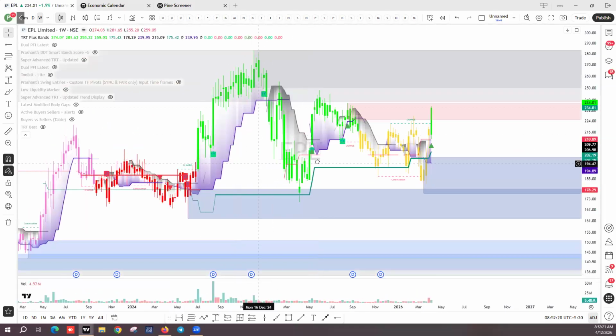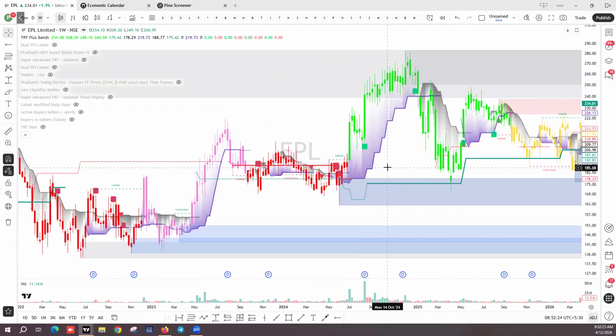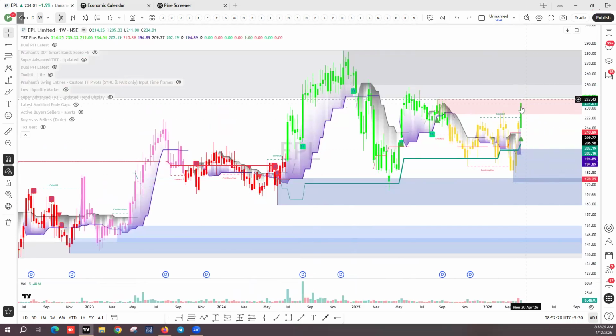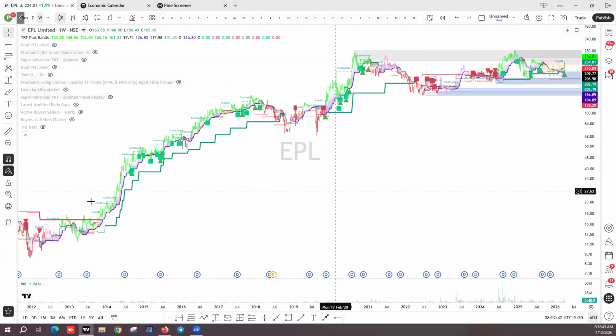Then next is EPL. So EPL, you can notice EPL is already above the bullish bias. It is green, and the bearish bias is absent. It is bearish bias and bearish momentum. Price is above both of them now. You can notice earlier price action. Same thing here.